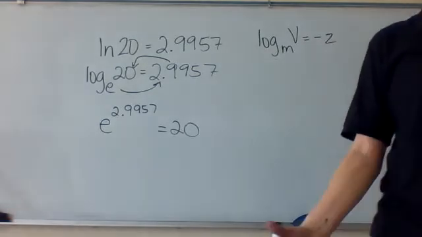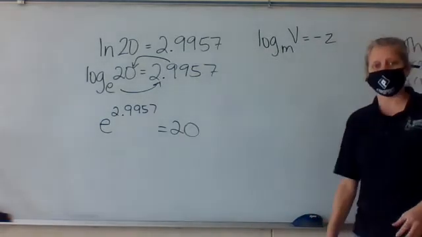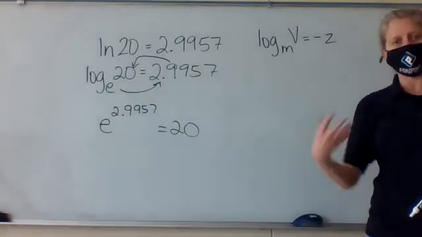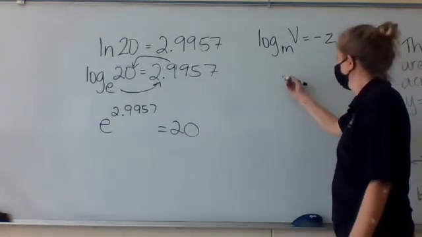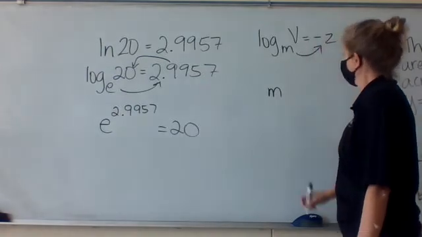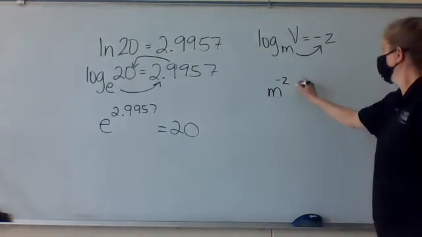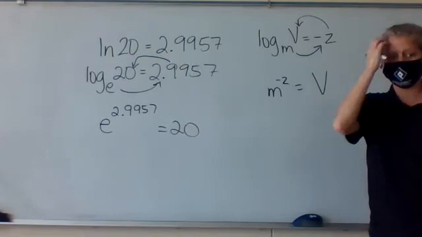The reason I'm saying capital and lowercase is because I'm pretty sure that MATLAB is going to be case sensitive on these, which means when they use capitals, you do too. So let's see, what's my base? M. M to what power? Negative lowercase z is equal to what? Capital V.